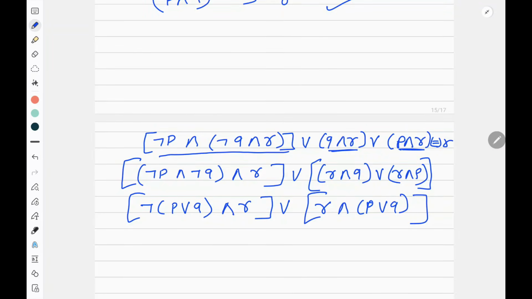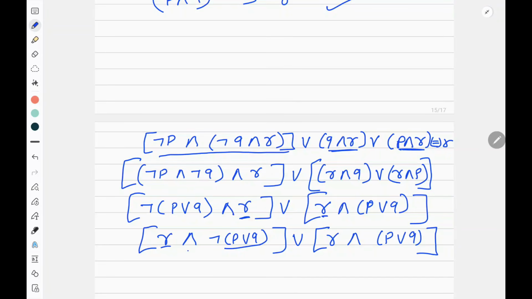Right? Now here again, if you observe, R is something which is common. So let me rearrange so that I can apply a certain rule. So commutative law you apply, negation P or Q, close this. This is one proposition, this is another proposition, or here R is here only, so no need to move it.